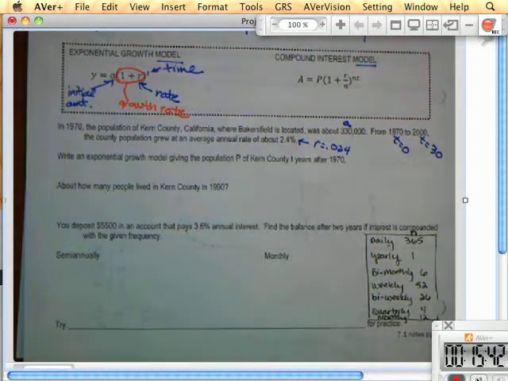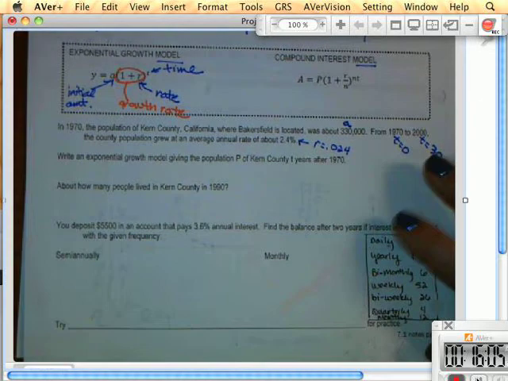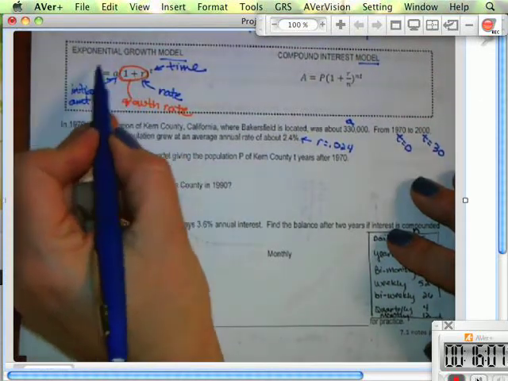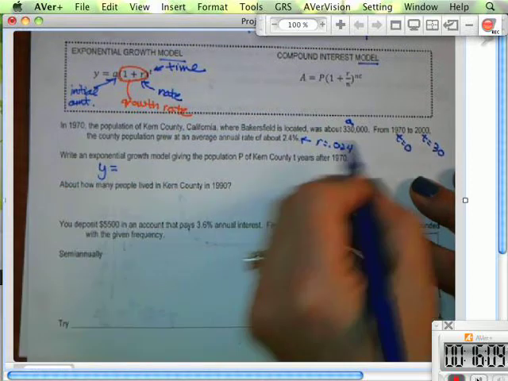We have to write an exponential growth model giving the population P of Kern County t years after 1970. So we're just writing a general model where we could plug any number in for t after 1970. So we're going to leave t in this first part. They're asking us to do t years after 1970. So remember, we're going to use this right here. y equals, what's my initial amount?